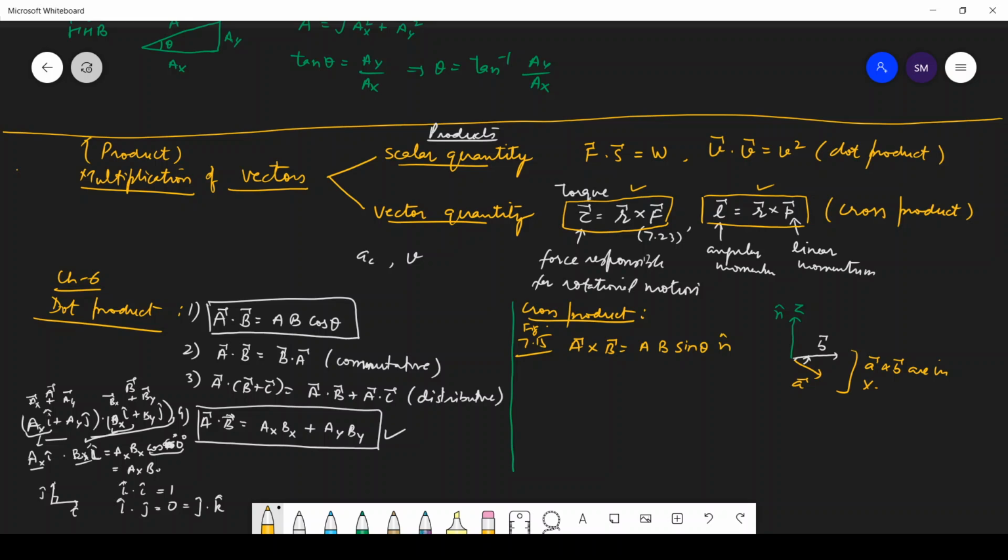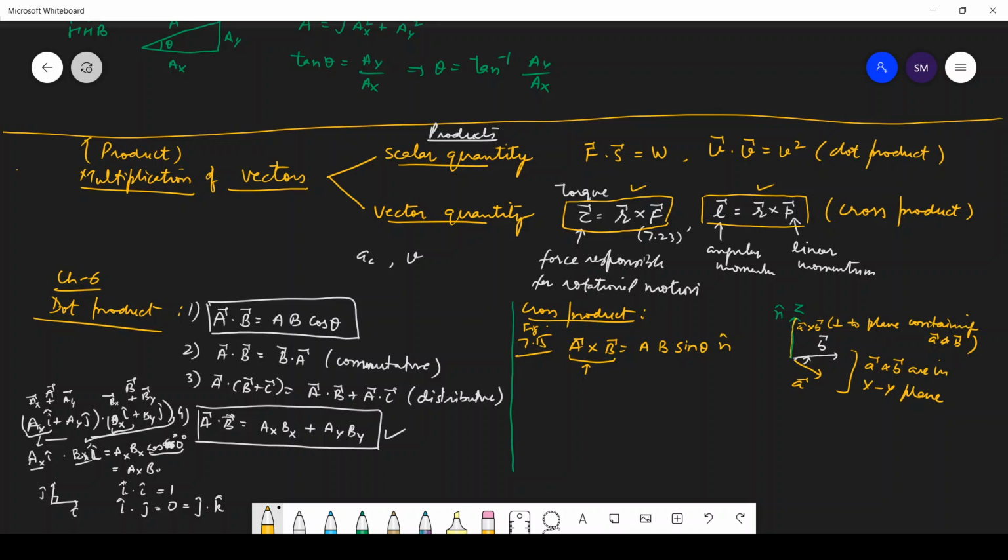This resultant will always be perpendicular to the plane containing A and B. This resultant vector, that is A cross B, will always be perpendicular to the plane containing A and B.